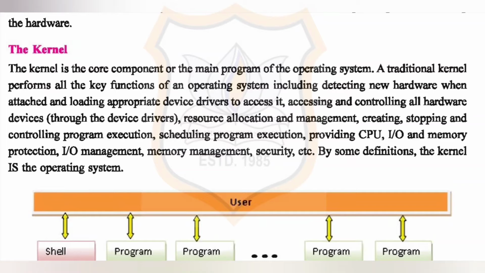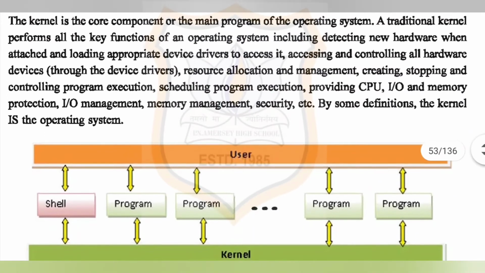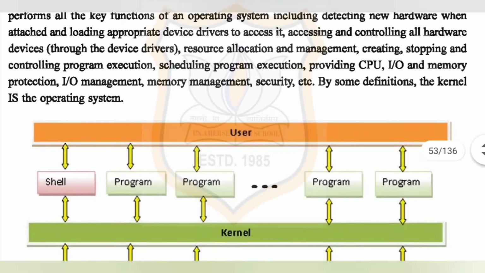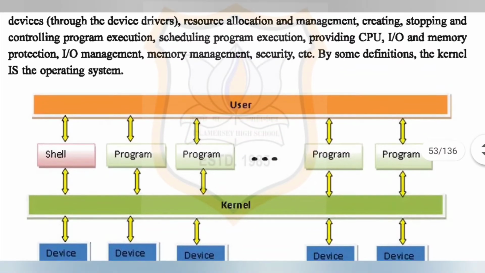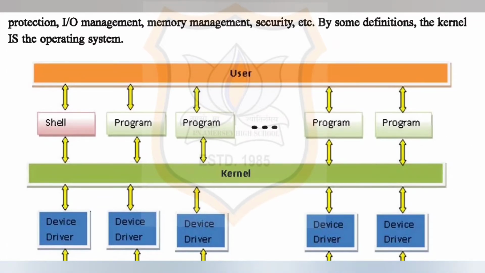A traditional kernel performs all the key functions of an operating system, including detecting new hardware when attached and loading appropriate device drivers to assist it, accessing and controlling all hardware devices through the device driver, resource allocation and management, creating, stopping and controlling program execution, scheduling program execution, providing CPU, I/O and memory protection, I/O management, memory management, security, etc. By some definitions, the kernel is the operating system.